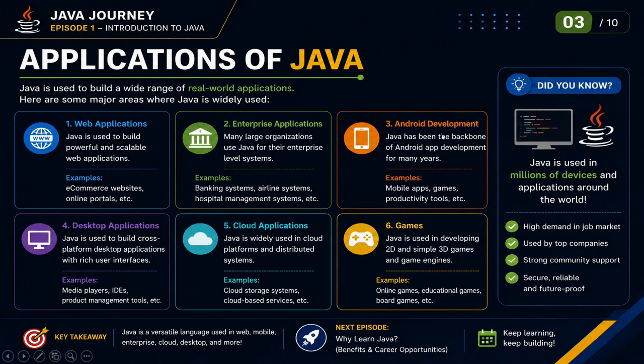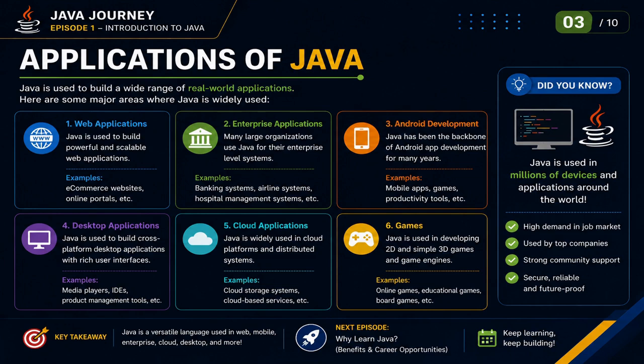For many years, Android apps were mainly developed using Java. Java is also used in desktop applications, cloud applications, games, and financial systems. So, Java is not just a beginner language. It is actually an industrial level programming language. Many banking systems you use daily are powered by Java.